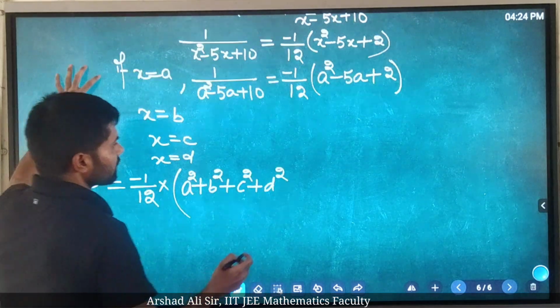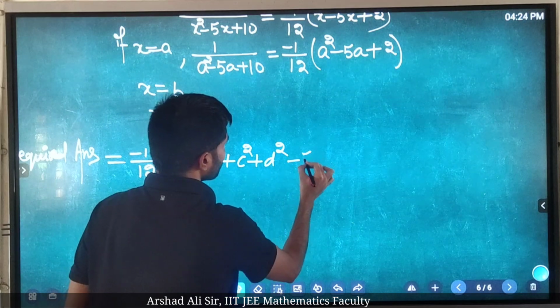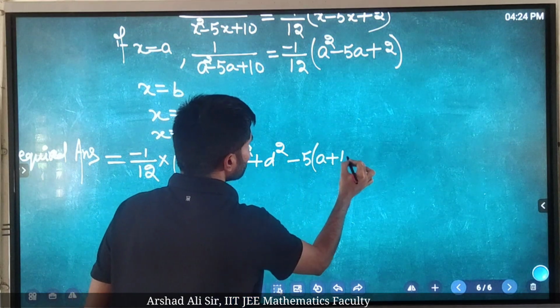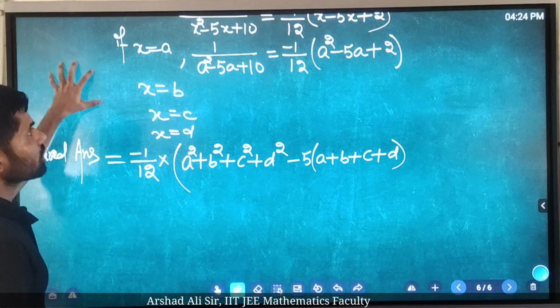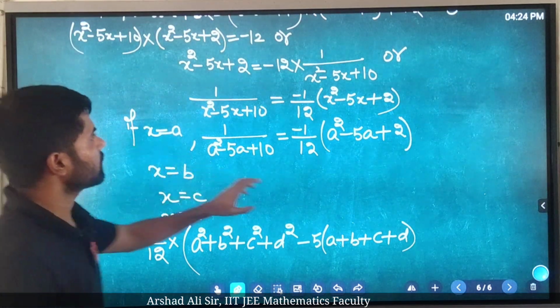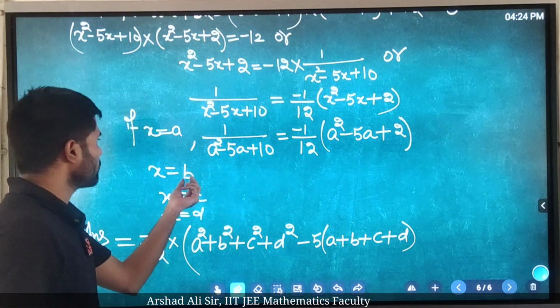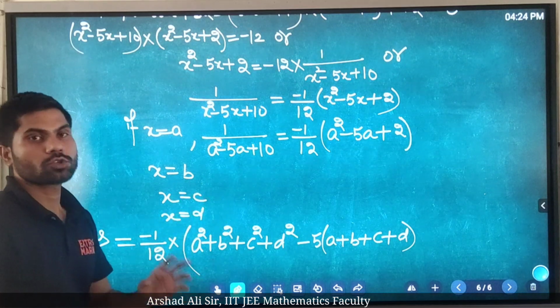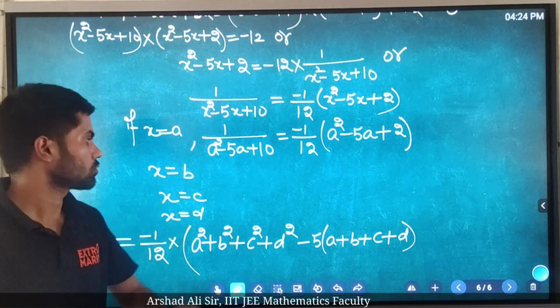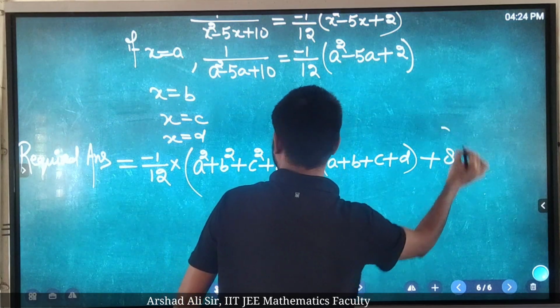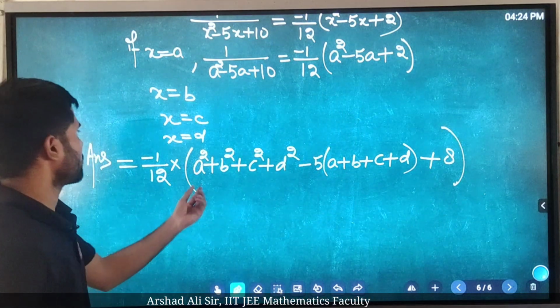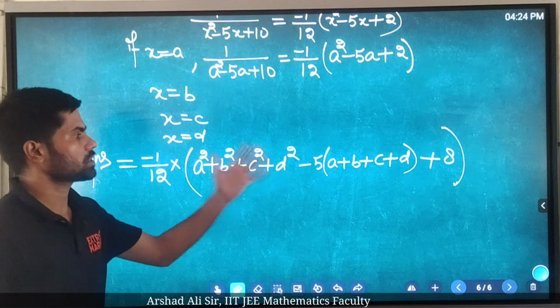So we can take minus 5 common, and in the bracket you will get a plus b plus c plus d. Okay students, what about the constant term? Here you get plus 2, here also plus 2, plus 2, plus 2. So 2 four times will become 8. So we can write here 8.